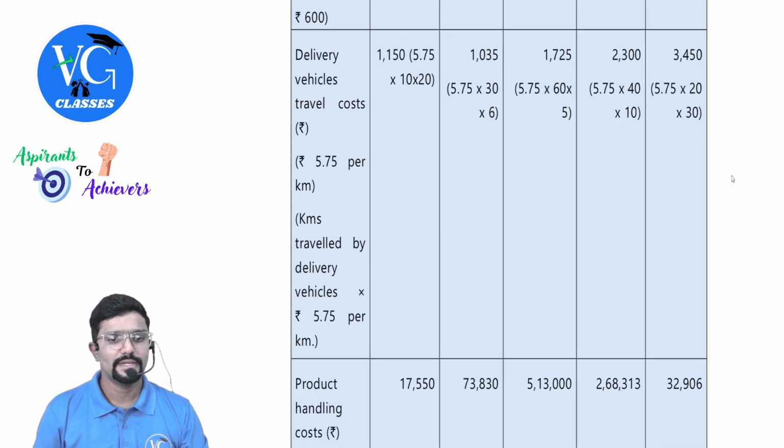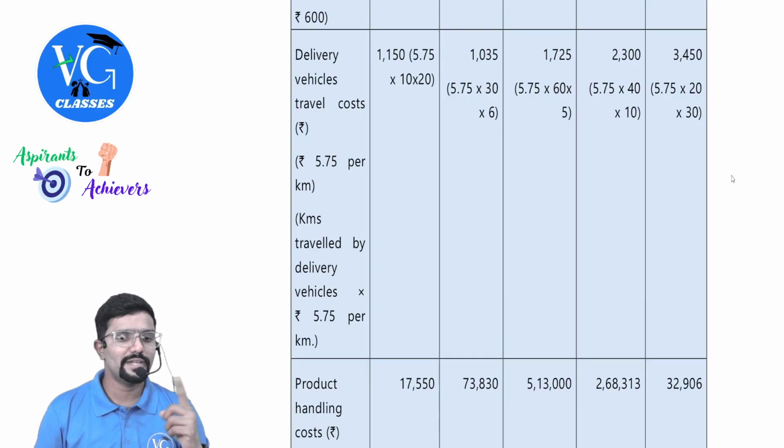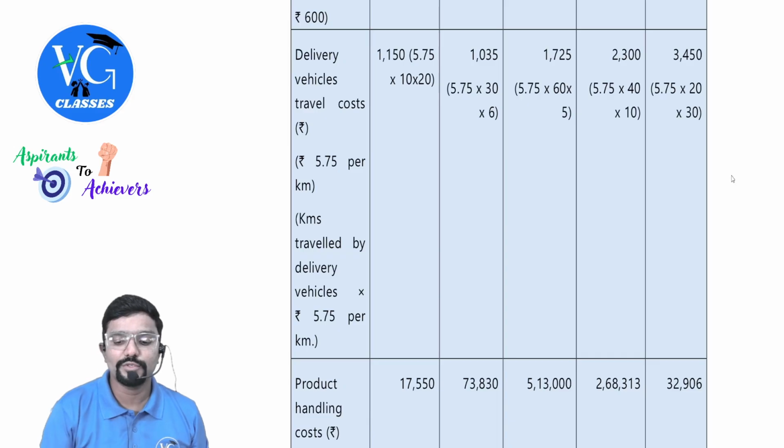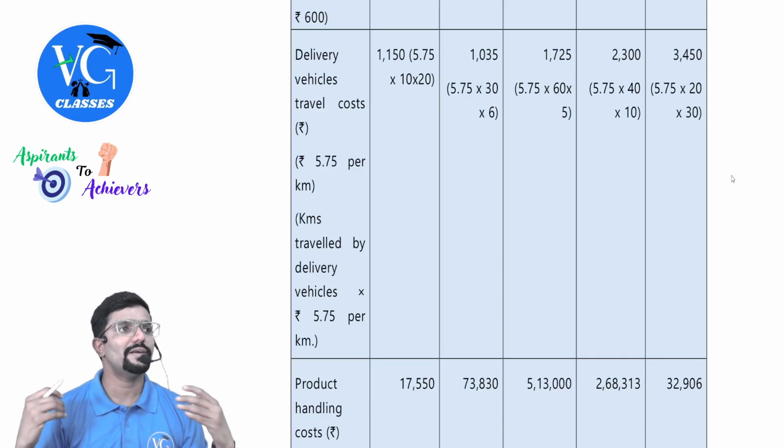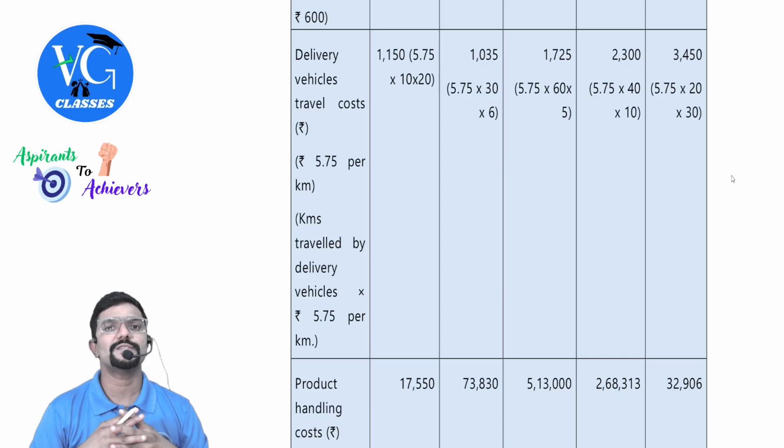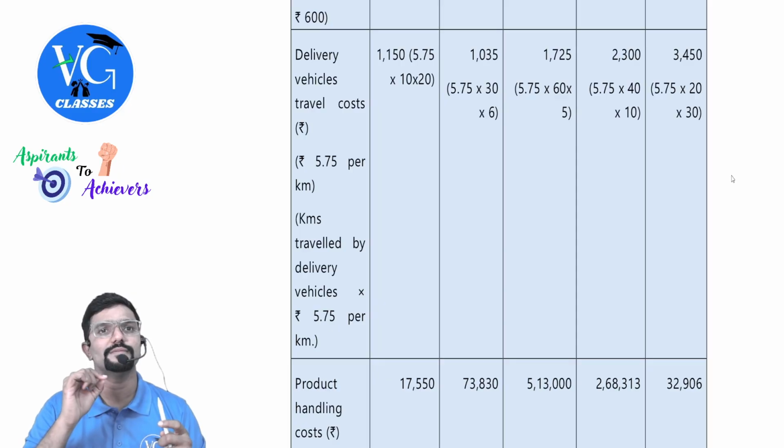This is important. Number of kilometers traveled by delivery vehicles into 5.75. So please be careful. You can see here 5.75 into 10 into 20, like that. First calculate total kilometers traveled, then multiply it with rupees 5.75, because 5.75 is per kilometer. Correct, Gaganashri?